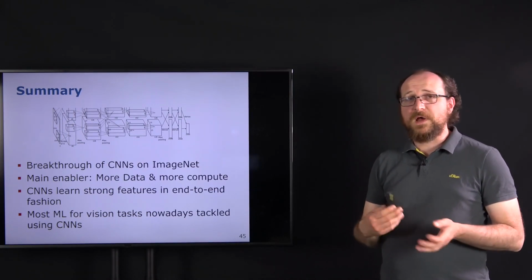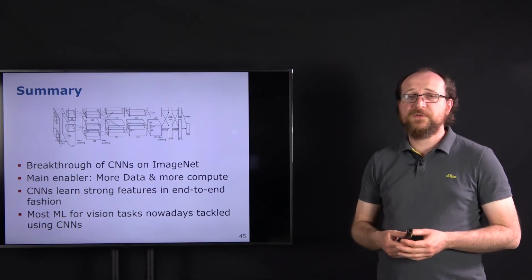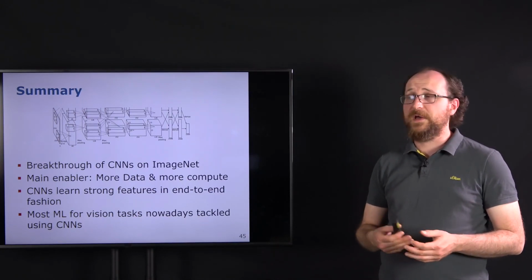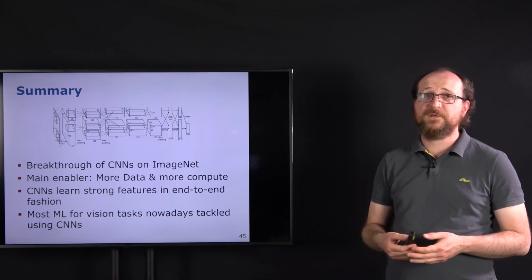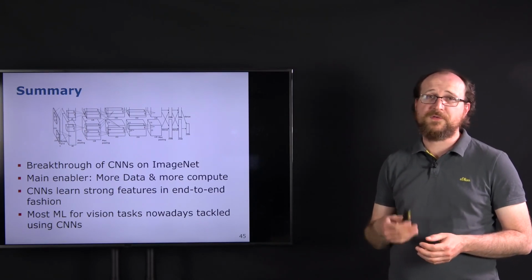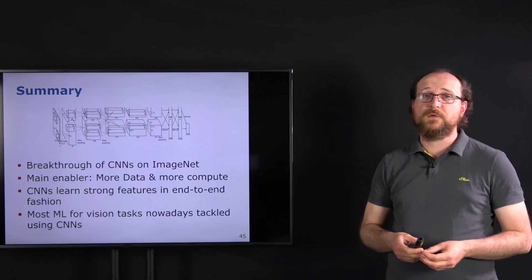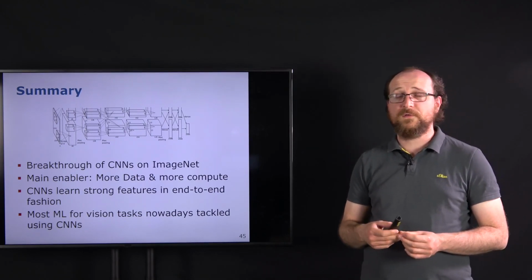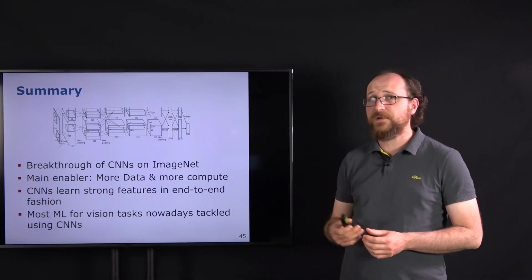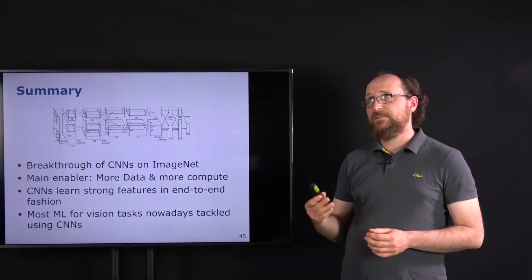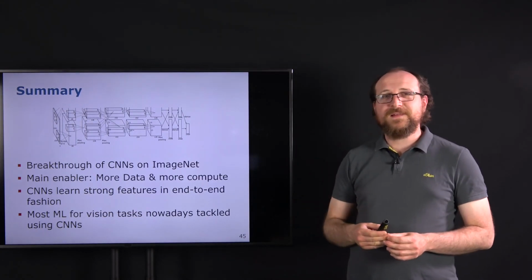And nowadays, most machine learning tasks for vision, like detection, semantic segmentation, panoptic segmentation, are specifically solved with convolutional networks. And this is also something that we want to cover in the next lectures in the end.